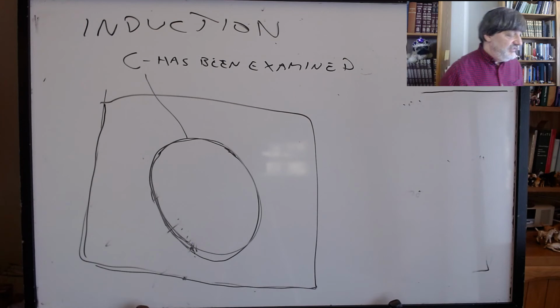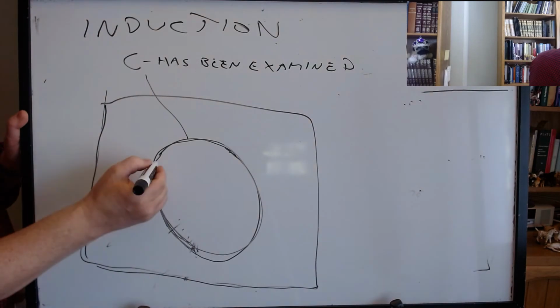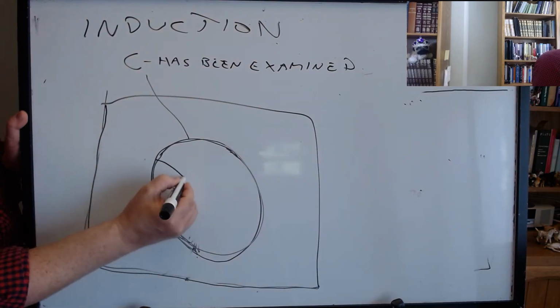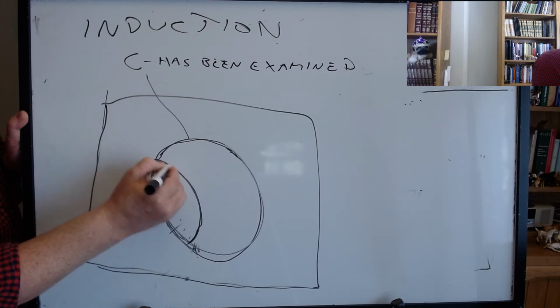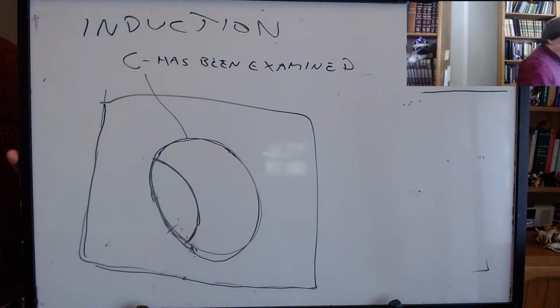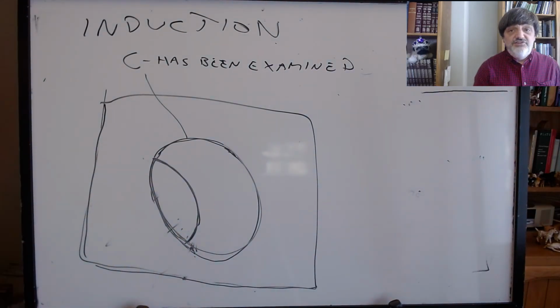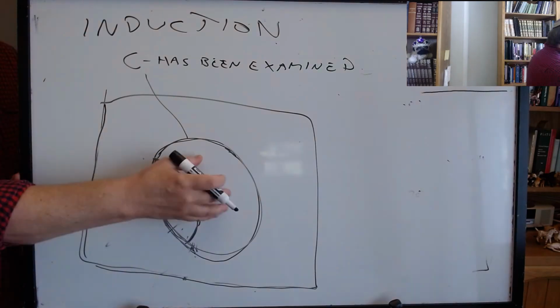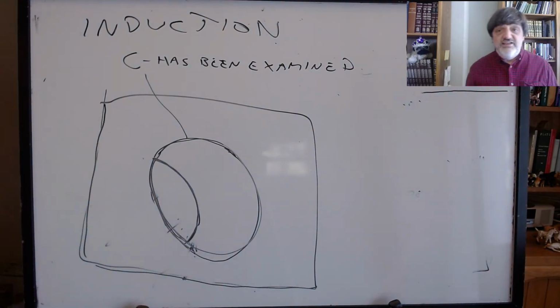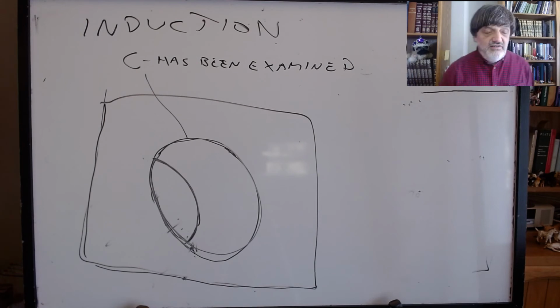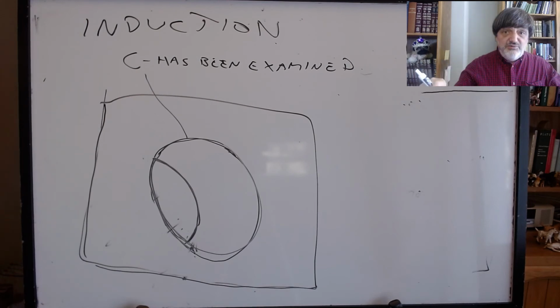But here the condition is, it's been observed under suitable pressure. And of all the things that have been observed under suitable pressure, some of them bent and some of them didn't. So in here are the ones that bent when they were examined under suitable pressure. And in here are the ones that didn't bend, like steel beams that were put under suitable pressure and were observed not to bend.